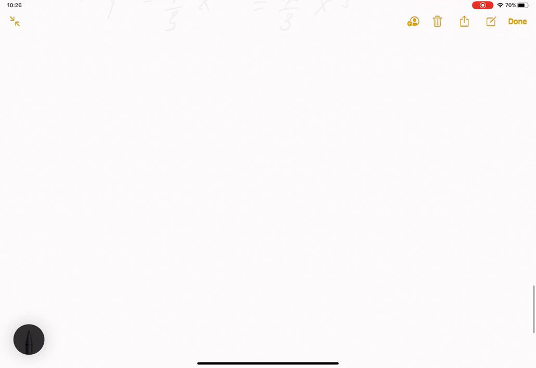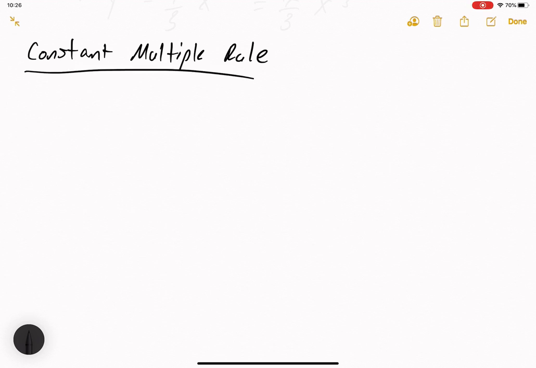All right. So there's another rule that we can use. It's called the constant multiple rule. As you can probably guess, it's pretty similar to what we did with limits.